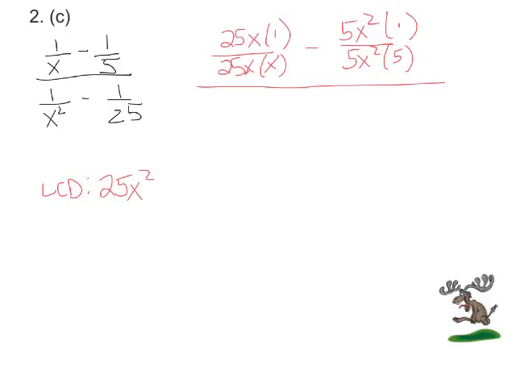The bottom fraction, it looks like I'll need to multiply both top and bottom by 25. And the bottom right fraction, 1/25, I'll need to multiply top and bottom by x squared.